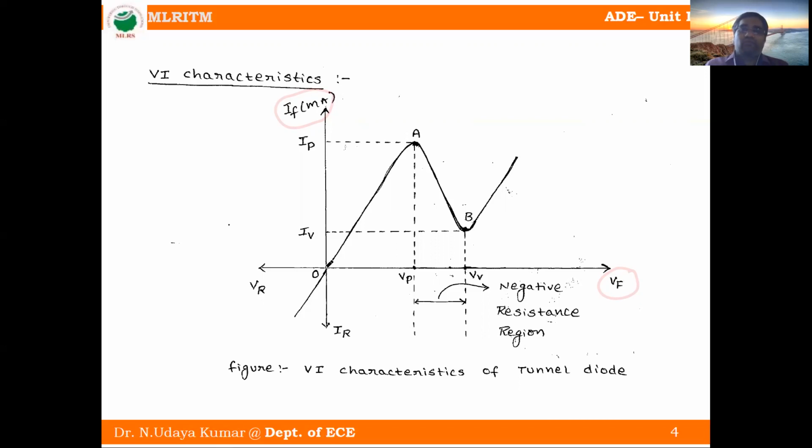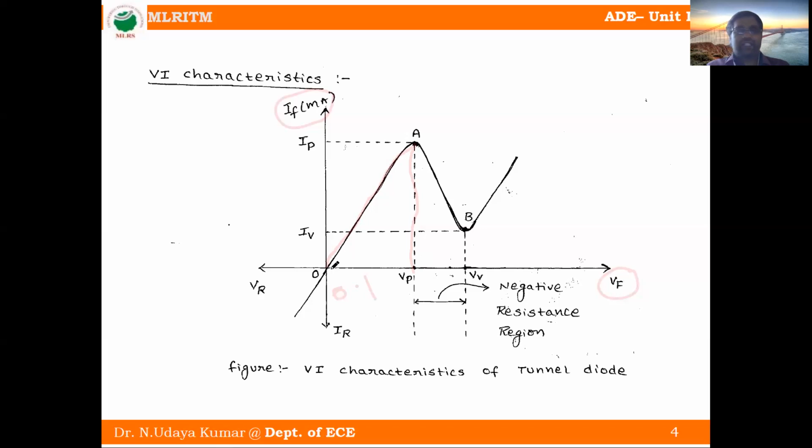Whenever forward voltage VF is increased to approximately 0.1, current sharply increases up to a point A. The corresponding current we call the peak current, and the corresponding voltage we call the peak voltage. Okay. Again, we are increasing.